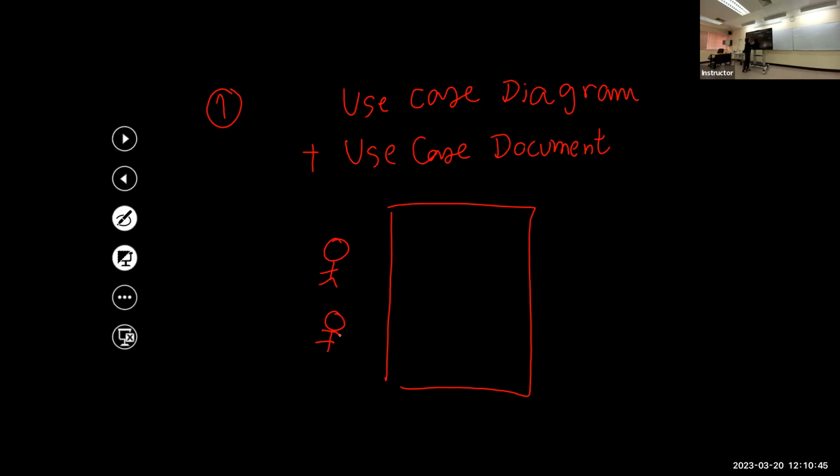So there could be an actor. Back to your project, we would talk about patient. We would talk about doctor. We may have other actors too. But a patient would maybe make appointments.